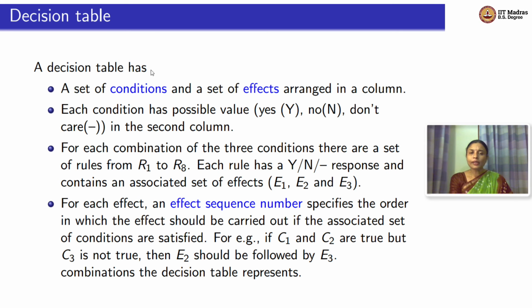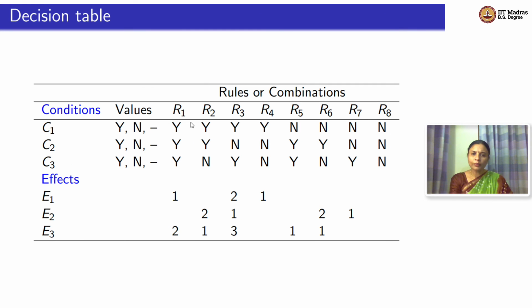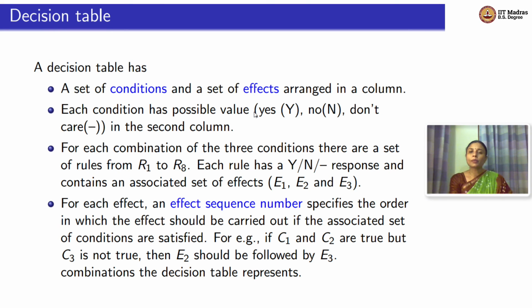So a table has a set of conditions and a set of effects arranged in columns. Each column corresponds to a combination of conditions and the order in which the effects have to be executed. Each condition has possible value yes, no, or don't care. For each combination of the 3 conditions, or in general any number of conditions, there are a set of rules.